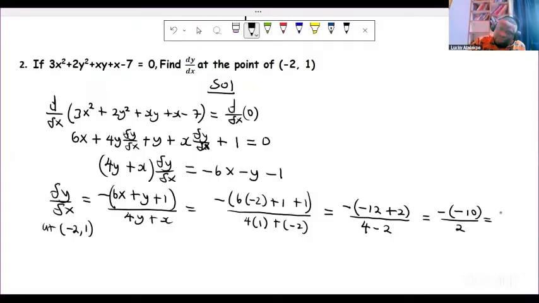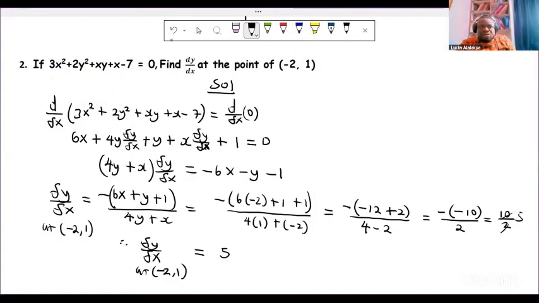Minus times minus is plus, so this becomes 10 divided by 2. Therefore, I will say the dy/dx at minus 2, comma 1 is equal to 2 goes in 10, 5. So we will obtain 5 in this particular one.